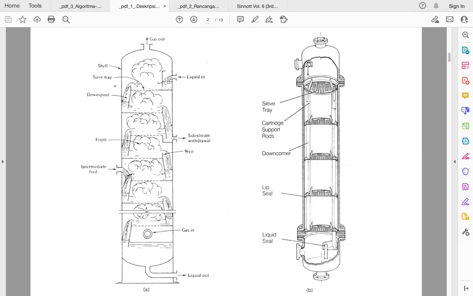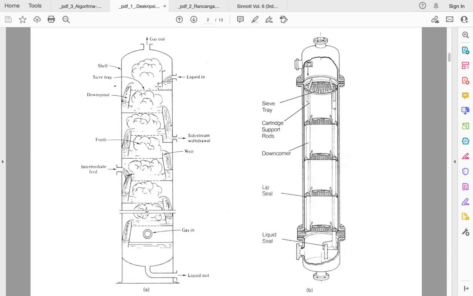we suppose that the equilibrium, or the mass transfer between the liquid and the vapor, will be carried out here, and then we need to put some time on here, like a residence time.